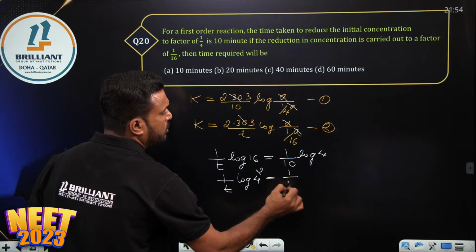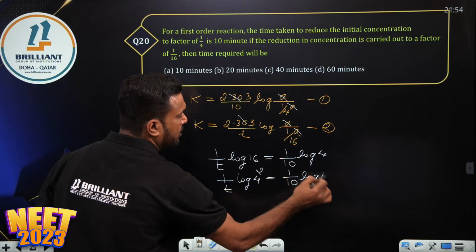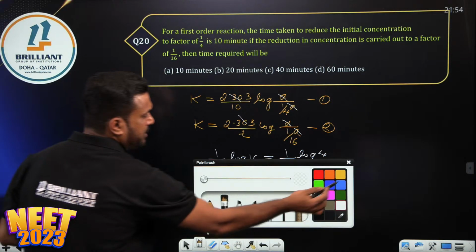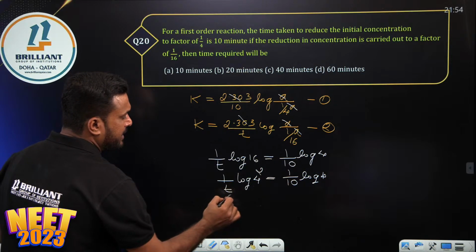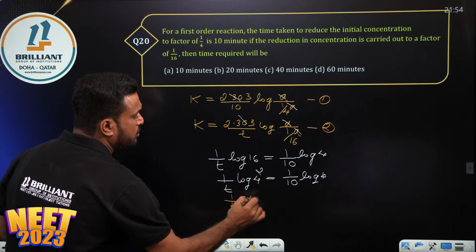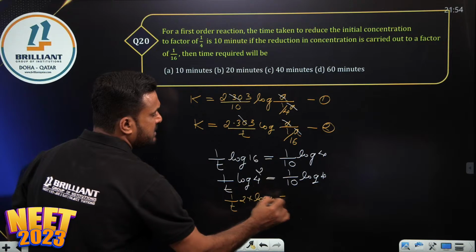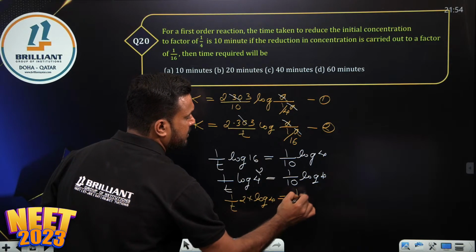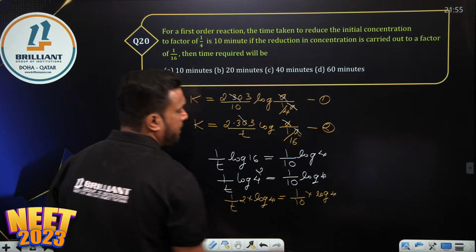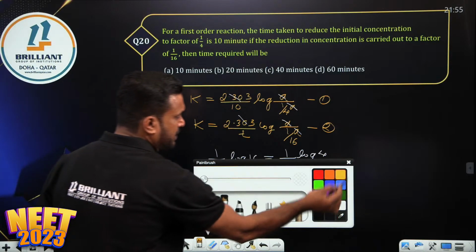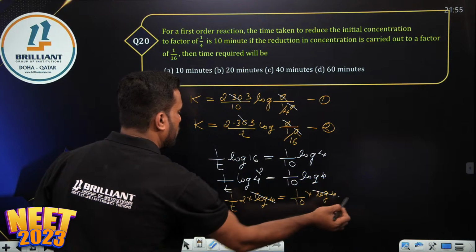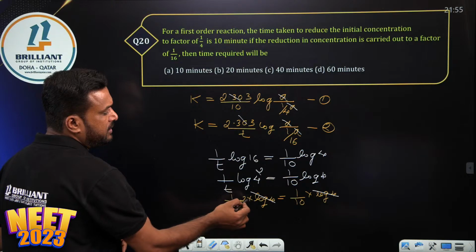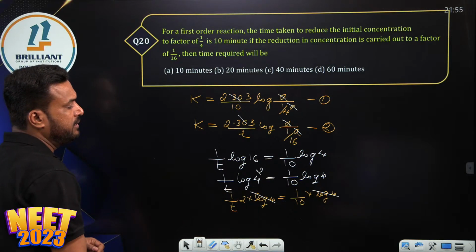Log 4 square is equal to 1/10 log 4. So log 4 square can be expanded as 1/t into 2 log 4 equals 1/10 into log 4. So log 4 can be cancelled. What will you get? 1/t into 2 is equal to 1/10.